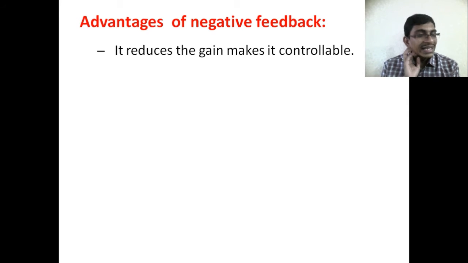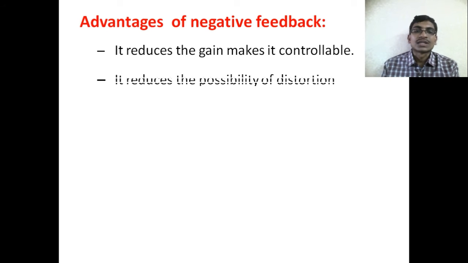The gain reduction is actually a problem in general, but in an operational amplifier that is a useful one, because the open loop op amp gain is very high, so that much gain we don't need. Even though that much gain is present, our output voltage is always plus or minus V saturation voltage. So that's why we have to reduce the open loop gain. That will be done by the negative feedback circuits.